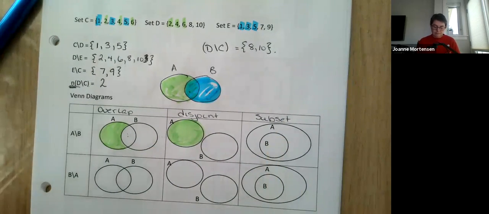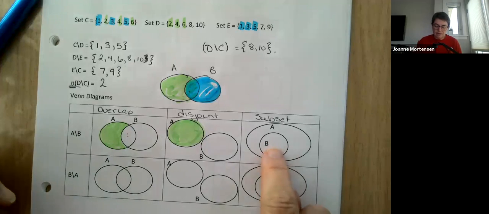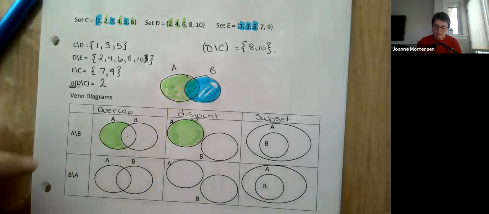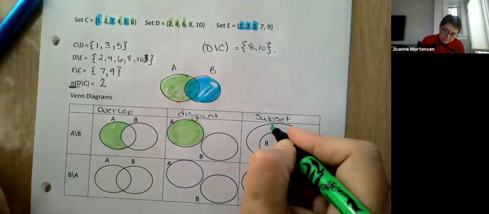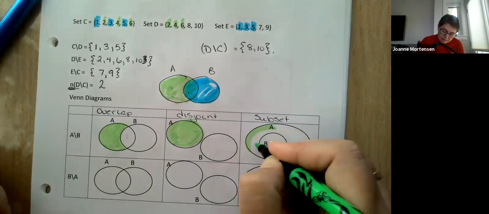Now on this one, think of it kind of in terms of this picture. I want A, so that's going to be this part.